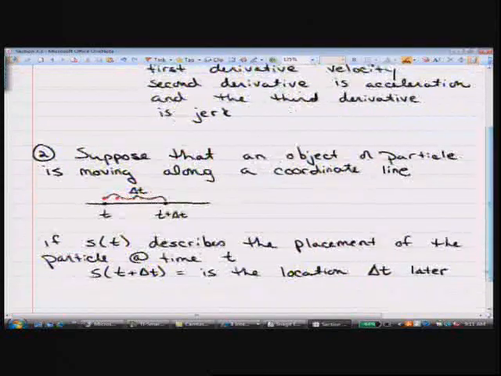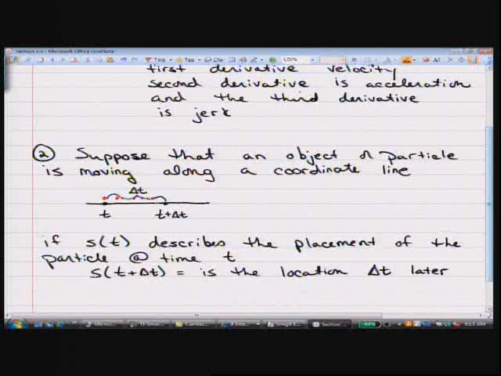Just obviously, if you're at 1 second, and your delta t is 2 seconds, then S of t plus delta t would be where you are at 3 seconds.